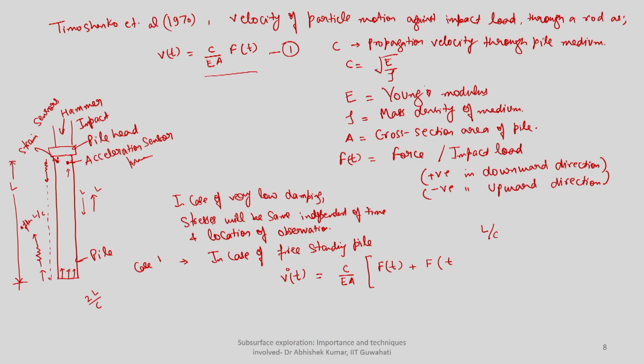Then once it reaches the pile head, again there will be some reflection from there. So, that will be called T minus 2L by C, because L by C it took to reflect from the bottom, and again on reaching the pile head or the strain sensor it took an additional time L by C. So, that is 2L by C.